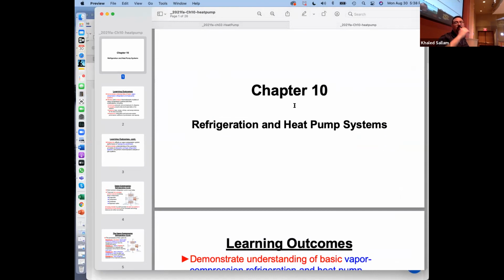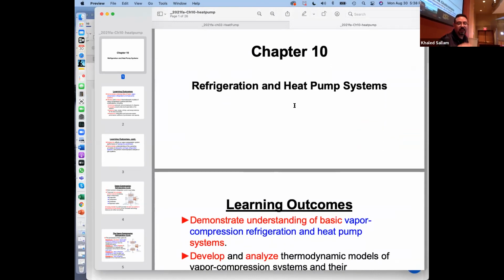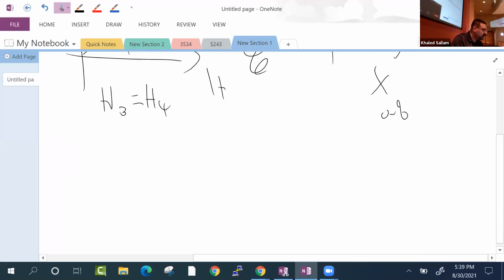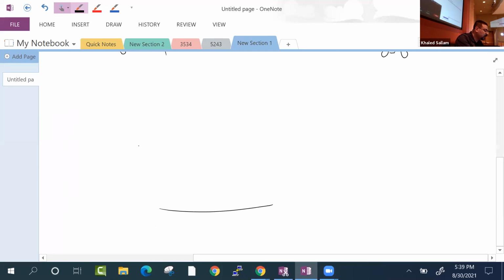Now in chapter 10, he goes into detail. He will start plotting them on the TS diagram and PH diagram, and then you need to be able to calculate all those points. In chapter 2, it was all about just here's your QH and here's your QL. But in chapter 10, with the real heat pump cycle, the problem will not start with this QL and QH.